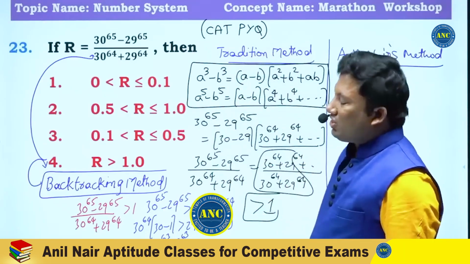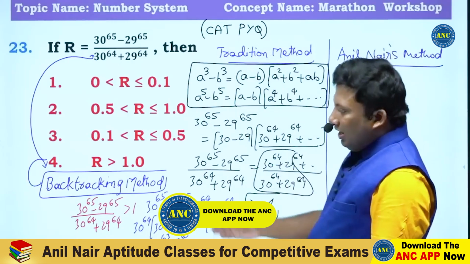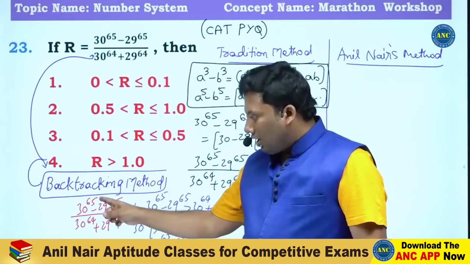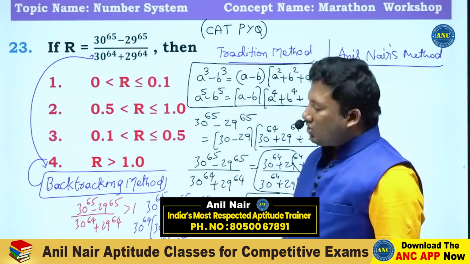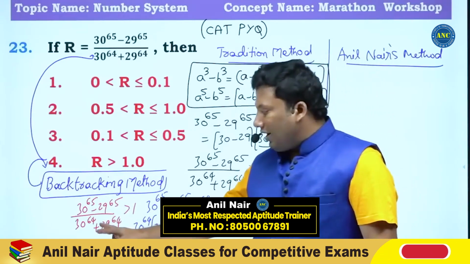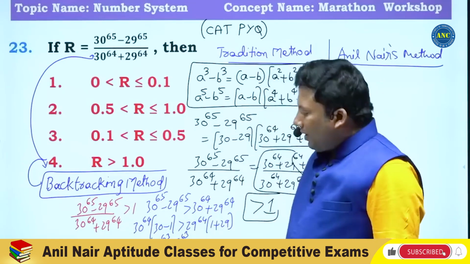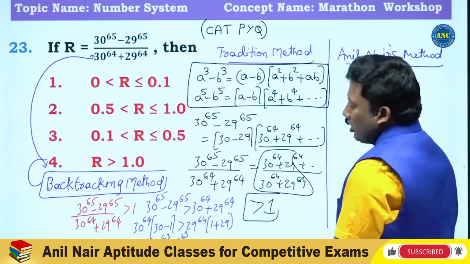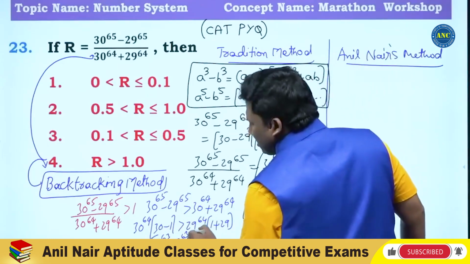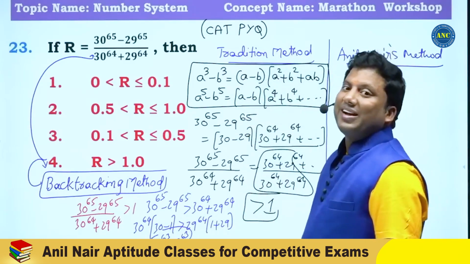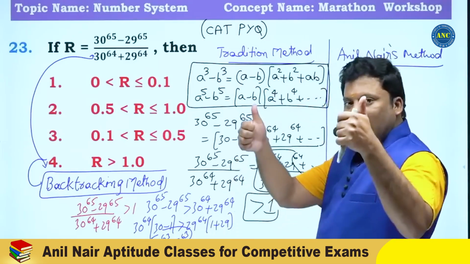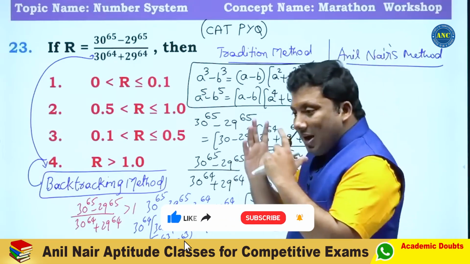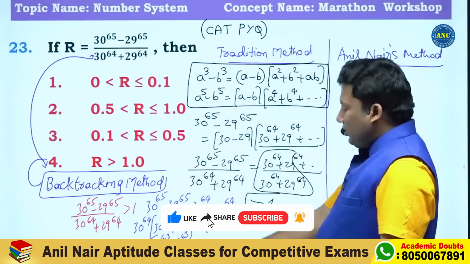This is one of the methods taken from computer architecture. If the answer option is greater than 1, 30 power 65 minus 29 power 65 divided by 30 power 64 plus 29 power 64, cross multiply, I got the answer as 30 power 63 greater than 29 power 63. Idea clear? Very interesting outlook on this problem.